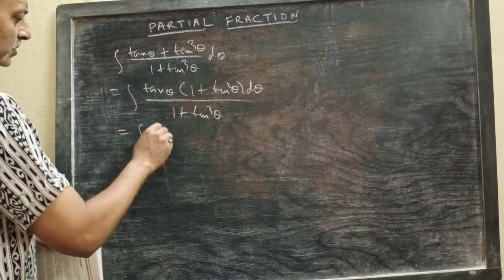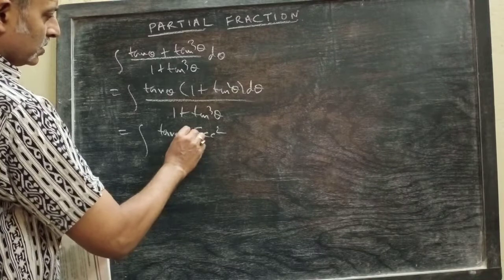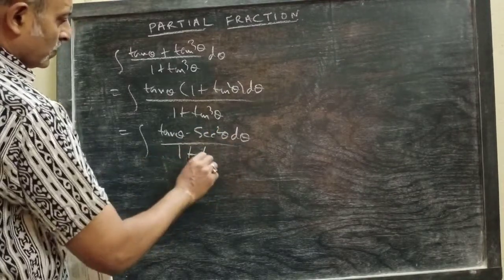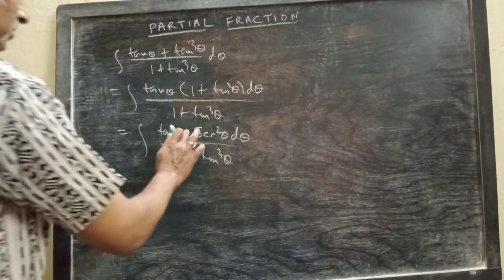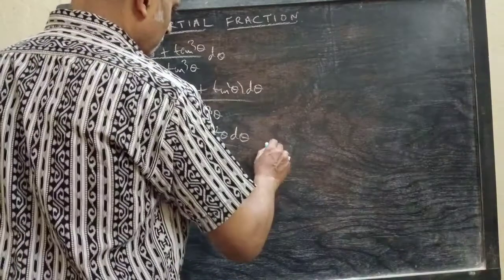Now it becomes tan theta into sec square theta d theta divided by 1 plus tan cube theta. Now take tan theta as z.